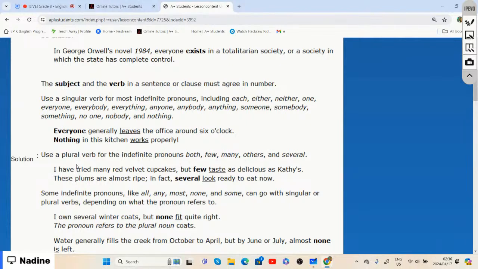And we use a plural verb when the indefinite pronouns both, few, many, others, and several are being used. I have tried many red velvet cupcakes, but few taste as delicious as Kathy's. These plums are almost ripe. In fact, several look ready to eat now.